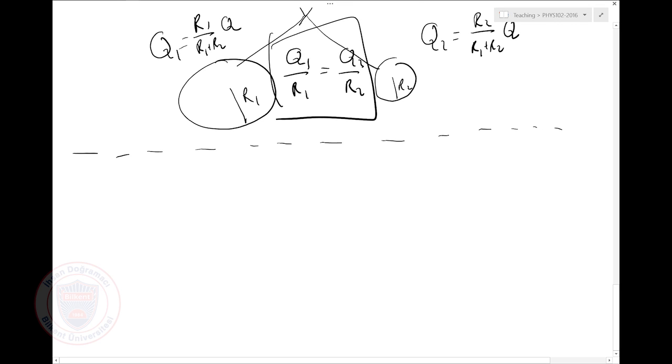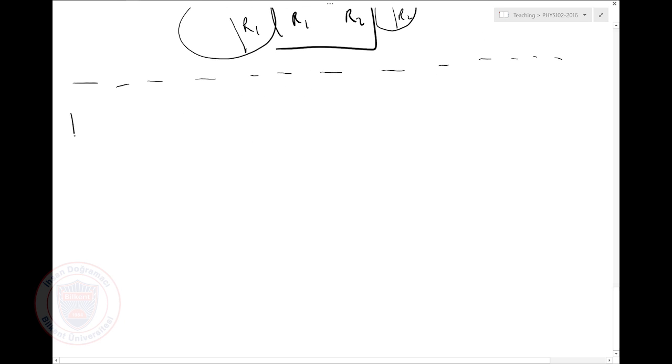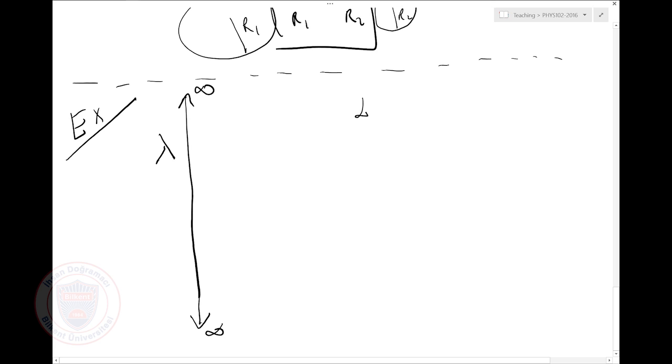Okay, let's solve one more problem. Let's take our old friend, the infinite wire, which is charged with lambda charge density.